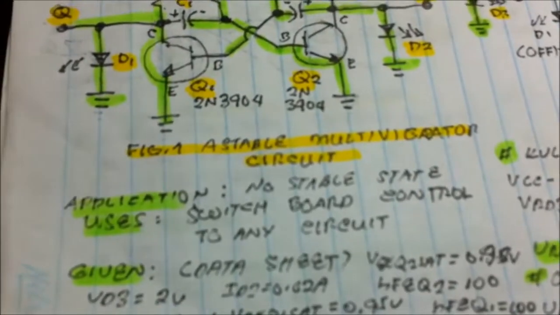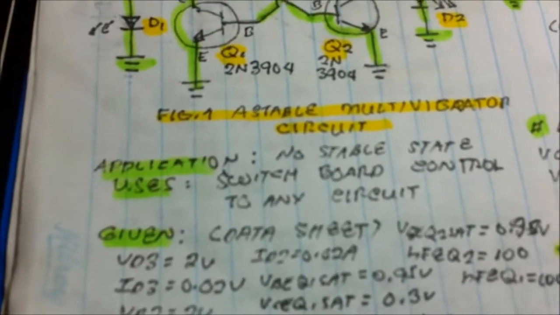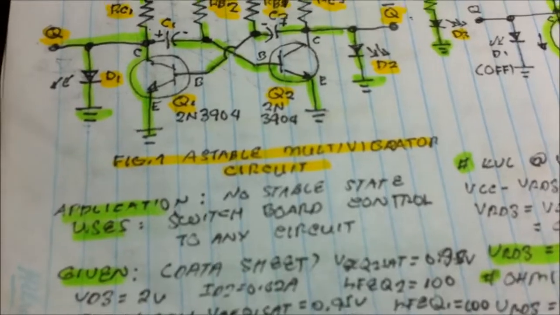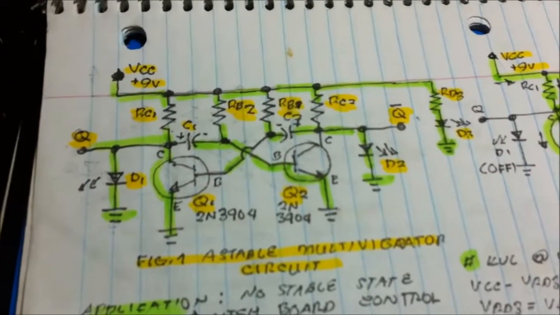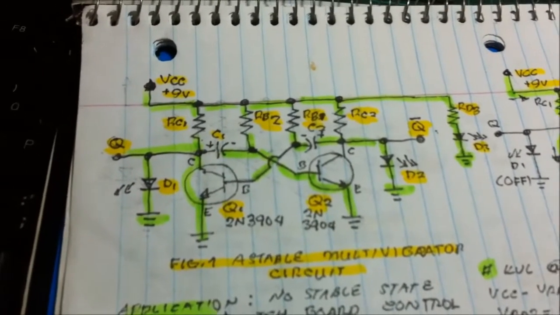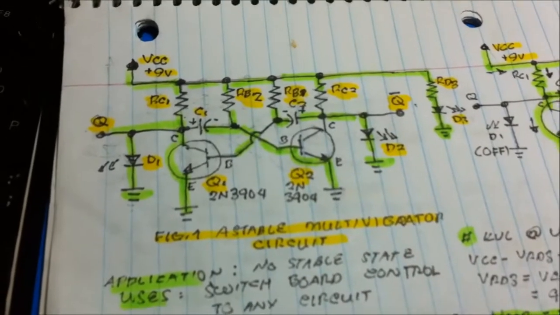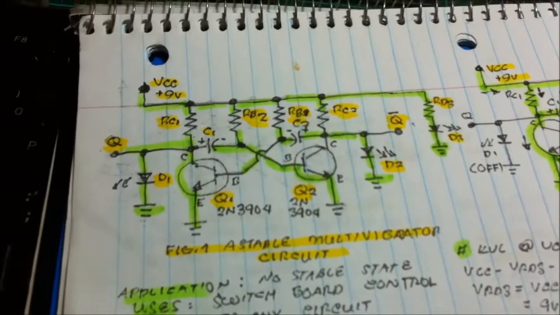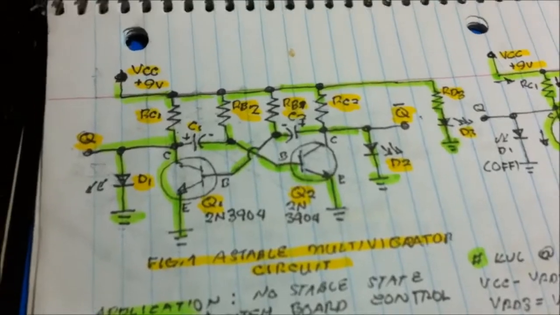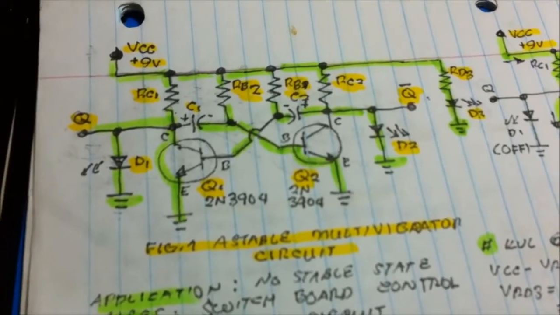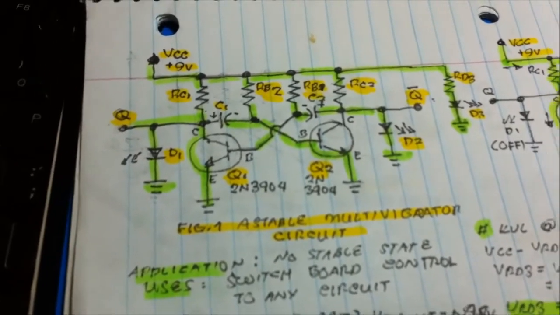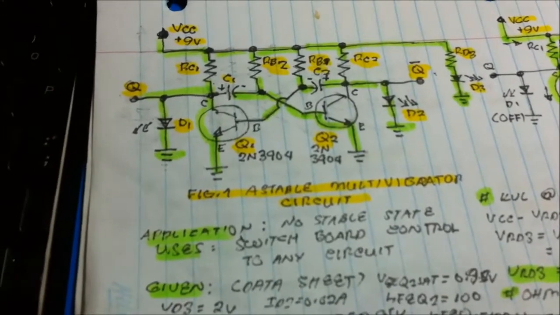So what is this? An astable multivibrator application. It has no stable state. There's no stable state for the circuit because it keeps on changing the state from 0 to 1. It oscillates. It produces a rectangular or square wave.